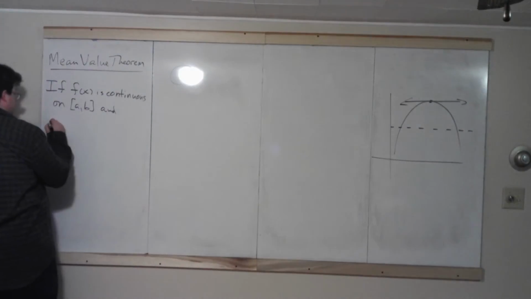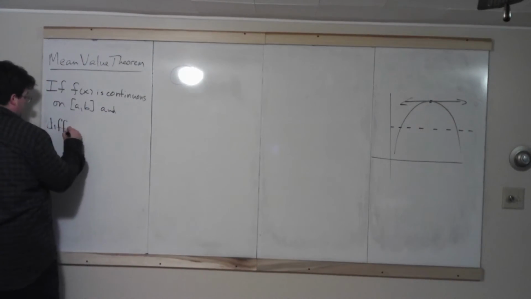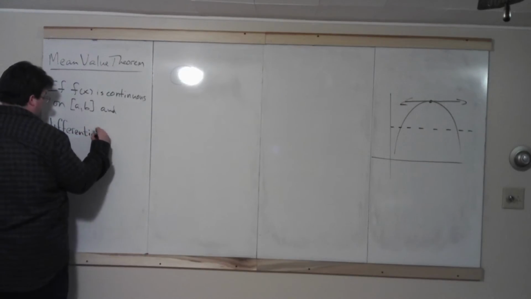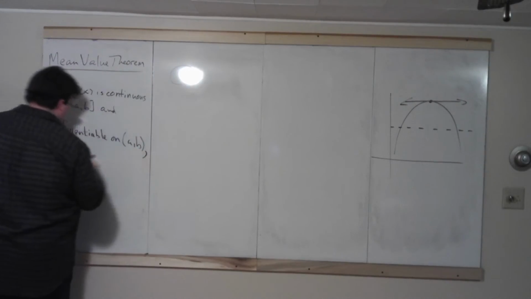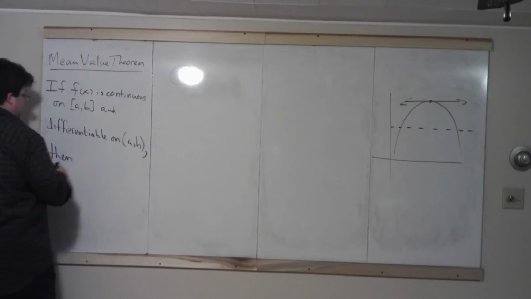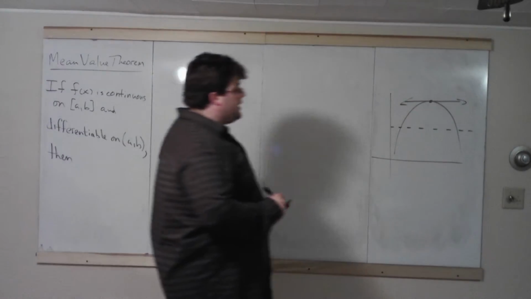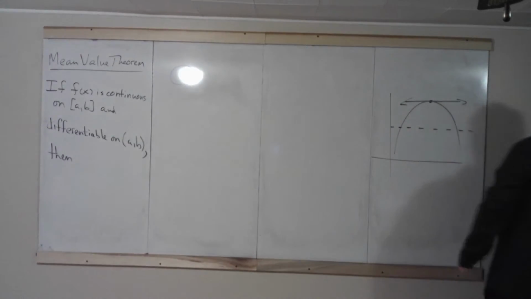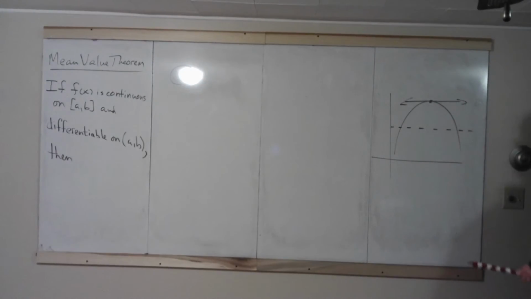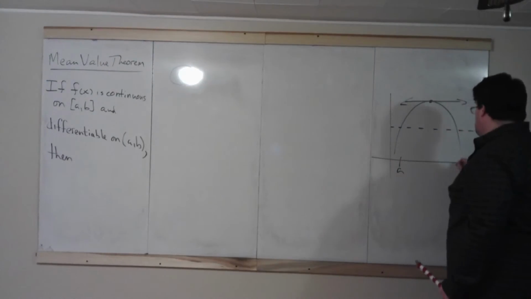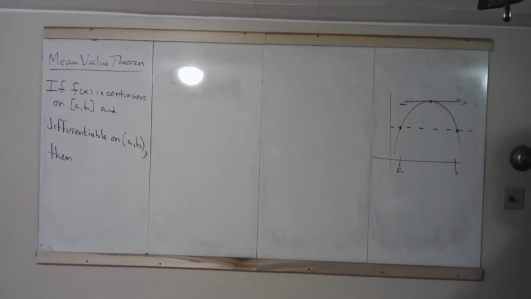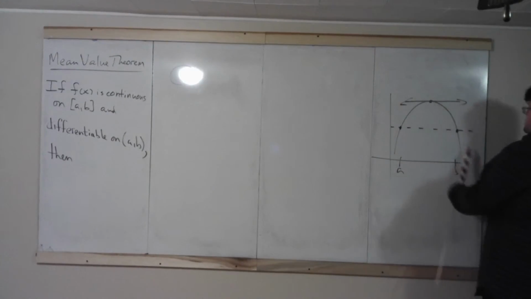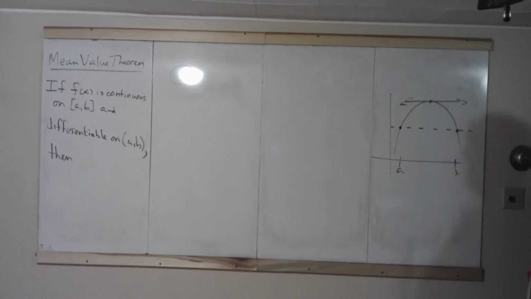Differentiable on open A to B. Then, so we're going to keep the assumption that it's continuous, we're going to keep the assumption that it's differentiable, but we're going to remove the assumption that those points are on the same horizontal line. What does that change? Well, these points no longer have to be on a horizontal line.